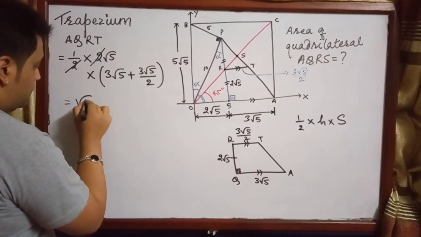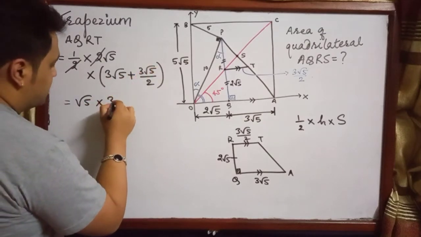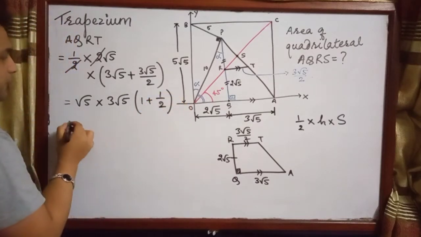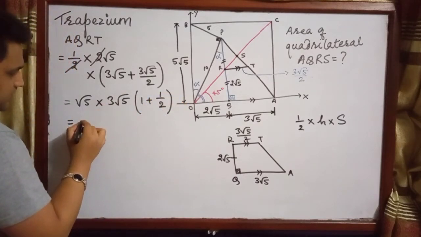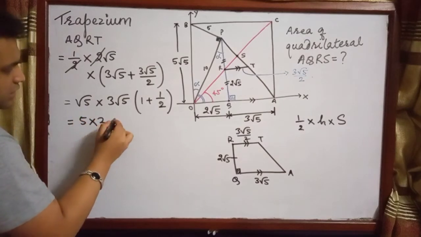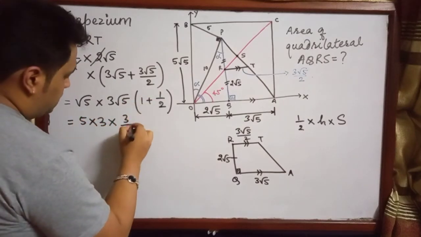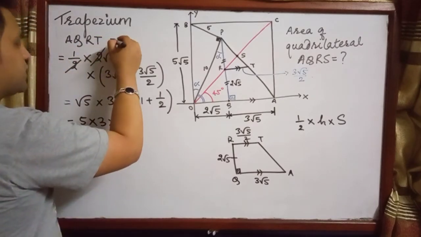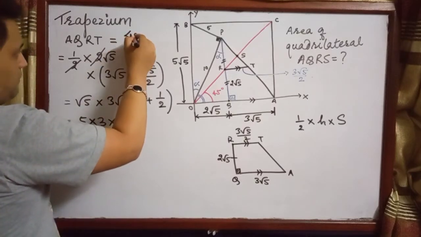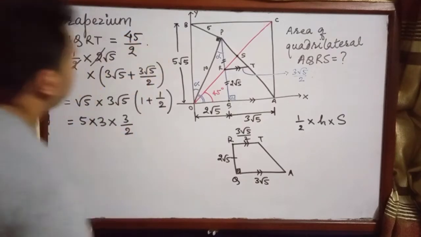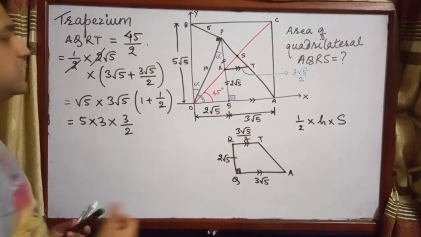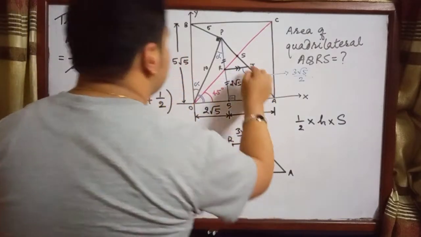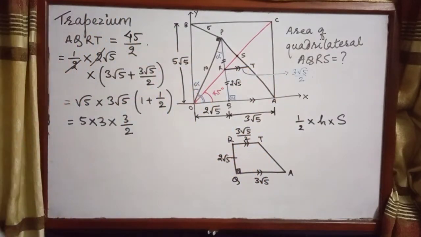What we have is root 5 times 3 root 5, with 3 root 5 as a common factor: 3 root 5 times 1 plus 1 by 2. This is 5 into 3 into 3 by 2. So trapezium AQRT is equal to 45 by 2. So the area of this quadrilateral, this trapezium, is 45 by 2.